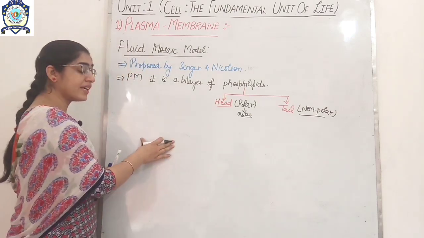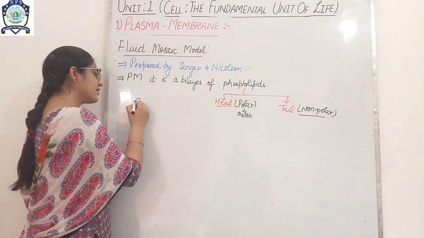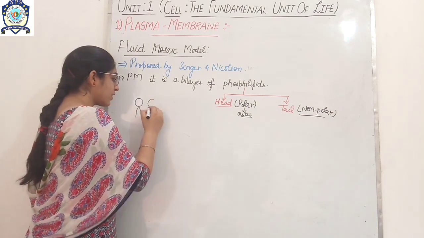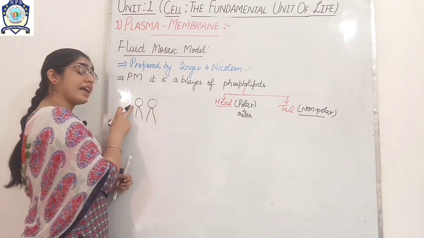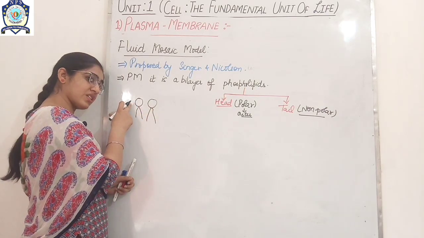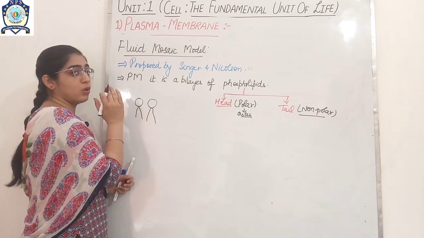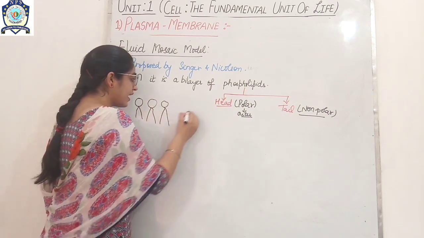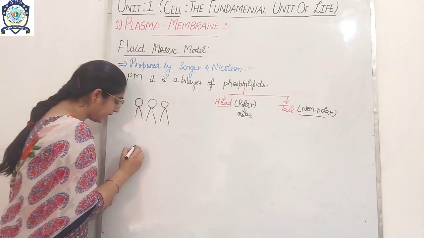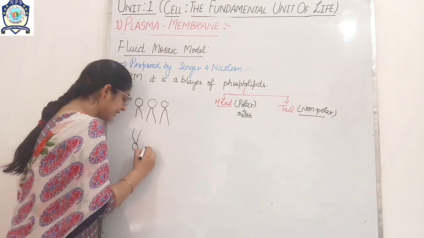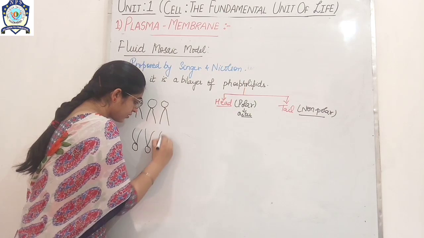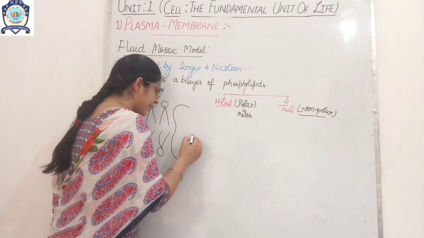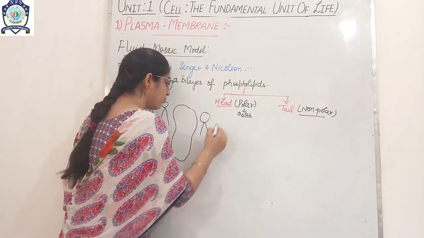So how can we draw the structure? This is the head of a phospholipid layer and this is the tail. In this way, the head is directed outward, and the tail is inward, and as there is a bilipid layer, in the similar way, one layer at the lower side. In between the layers, there is embedded protein molecule.